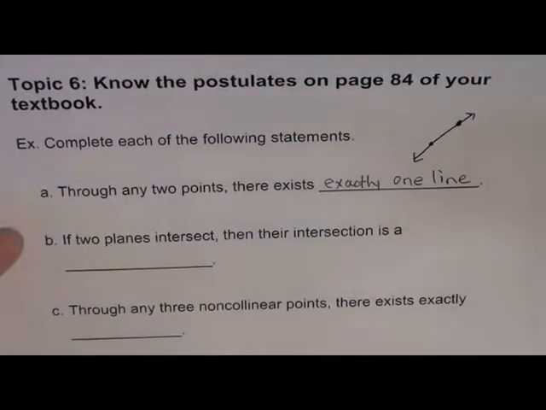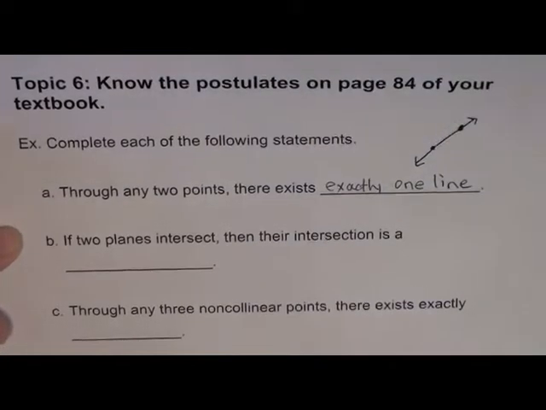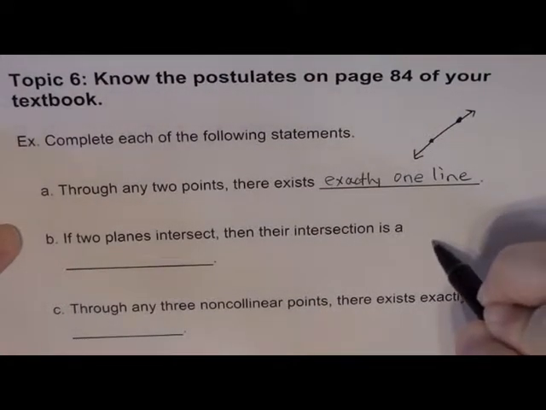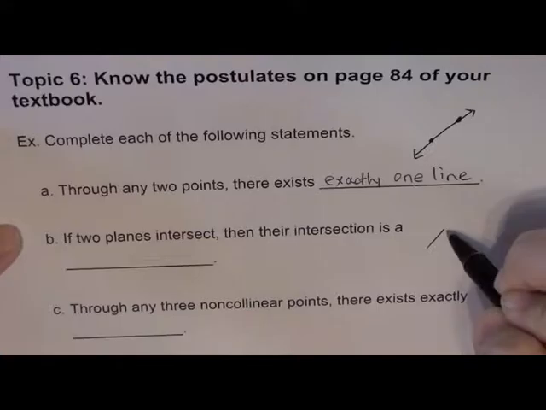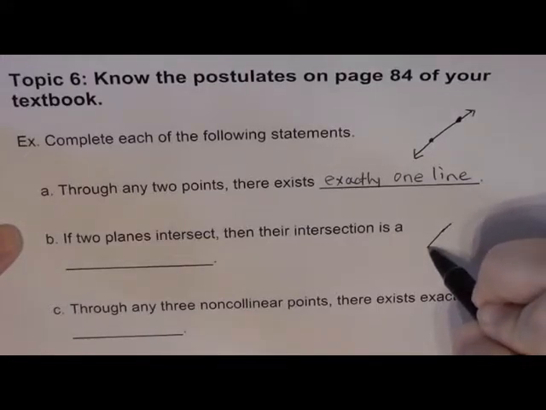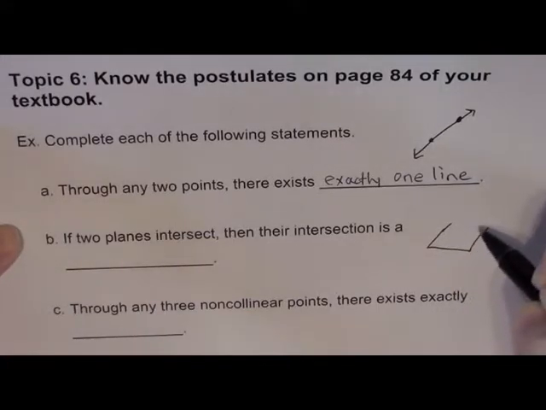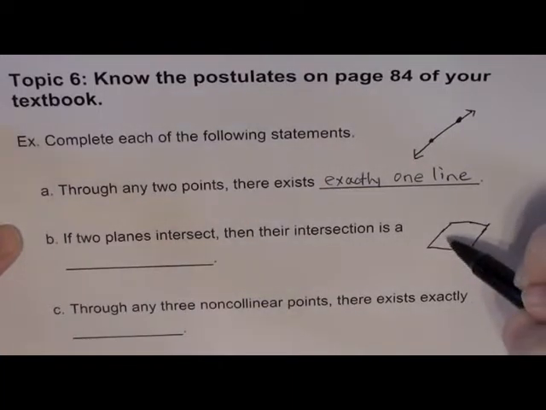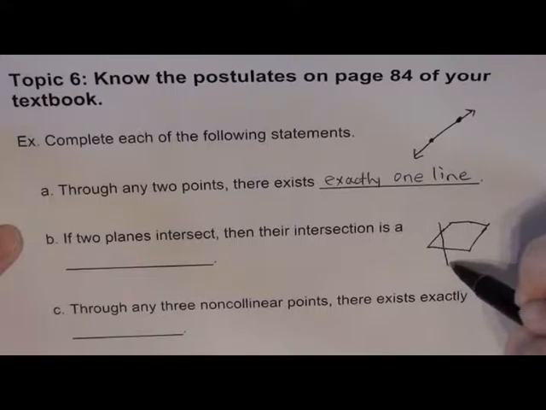Part B, if 2 planes intersect, then their intersection is a blank. So for here, drawing a plane is a little trickier. Might look something kind of like this. So there's one plane, and then another plane would come down.